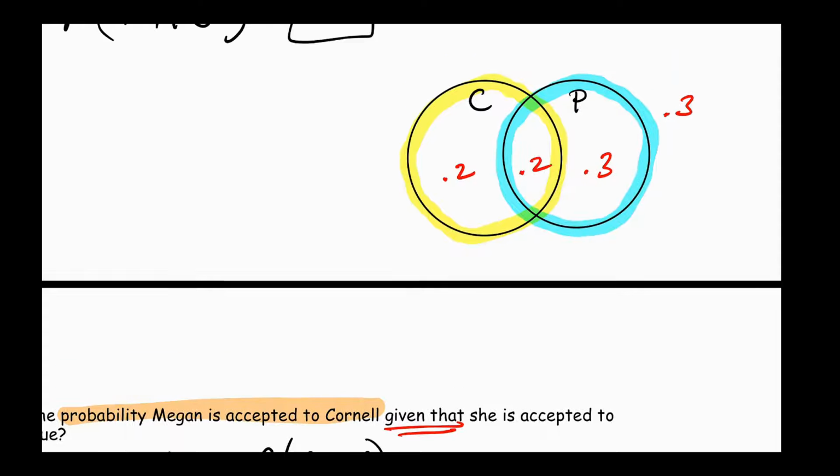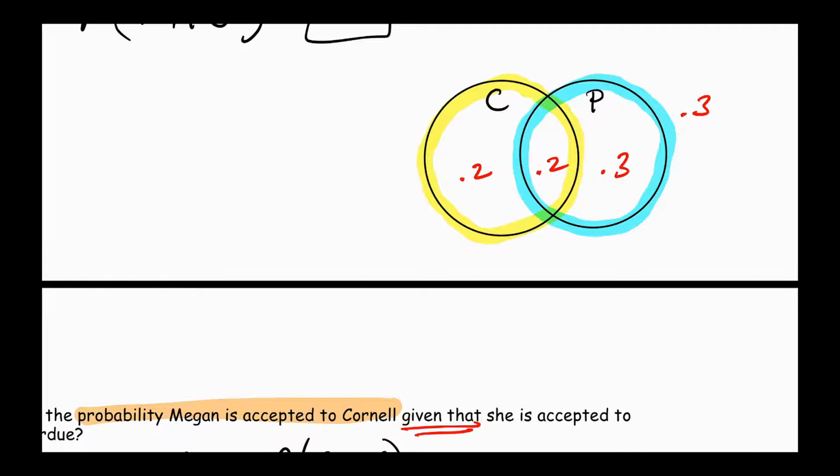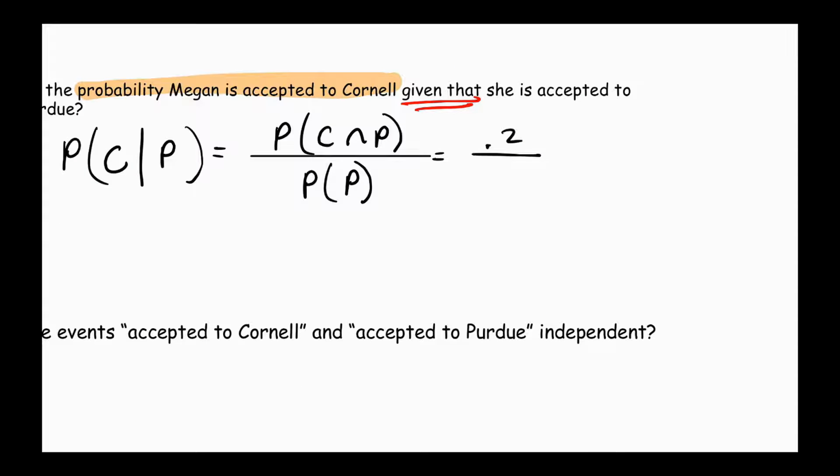For Purdue, we're looking at the blue circle. It just says Purdue. It didn't say anything about not Cornell. It just says Purdue, just Purdue in general. So that's 0.5. Go to your calculators. You'll get 0.4.